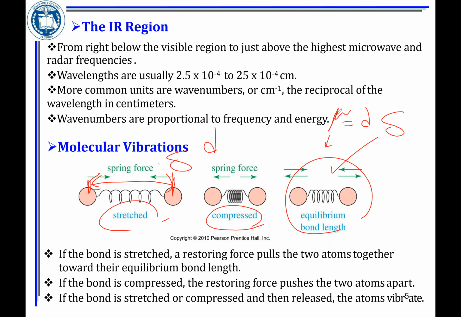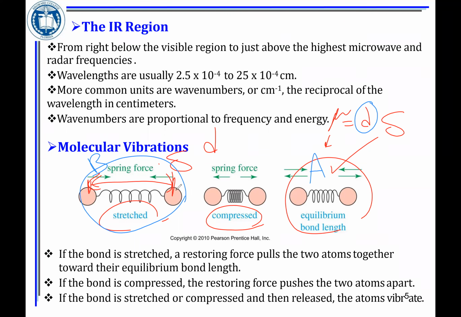Now, the value for the bond in the state of A is going to be different from the same bond in the B state, because the value for D is changing. So what happens in IR spectroscopy is, when you give the light to the sample, the bond is going to stretch.